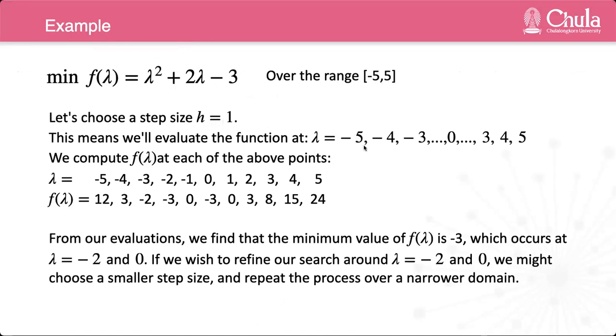We divide the whole area with a certain step size, and then you evaluate the objective function at each point. From this result, can you tell me the area where the minimum point should lie?